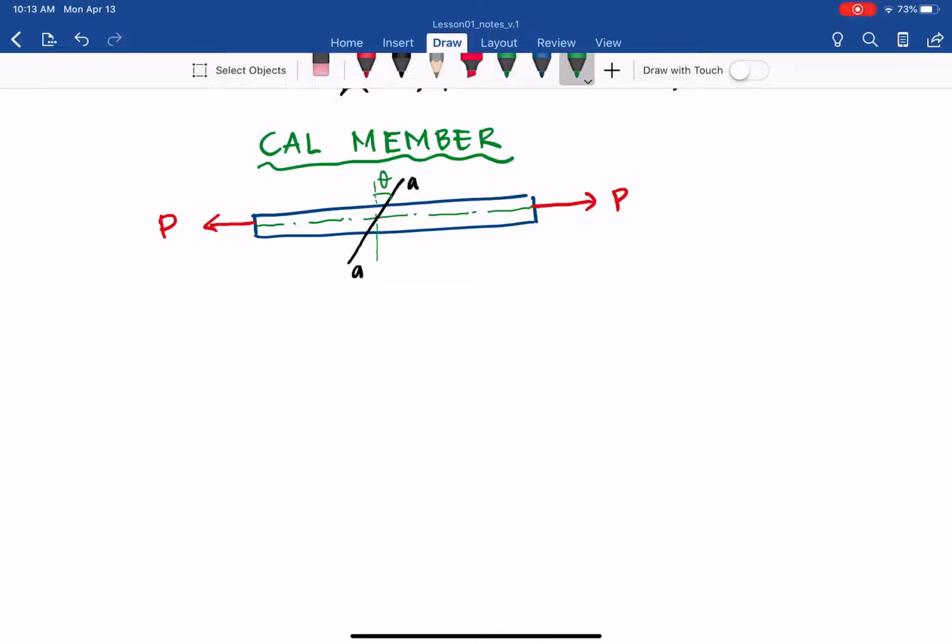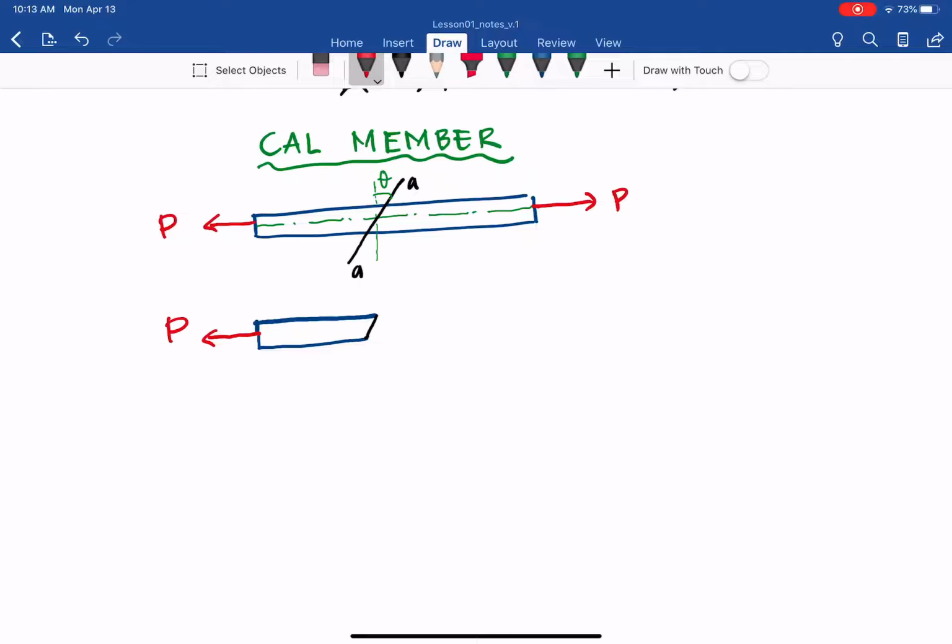So let's consider the left segment of the cut. We have that cut here, and we have the load P, the same.